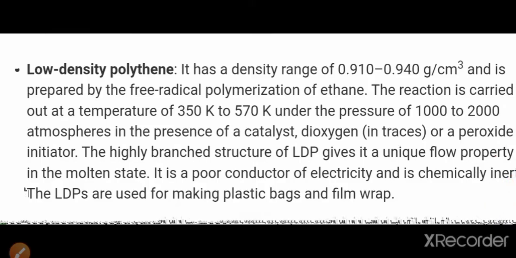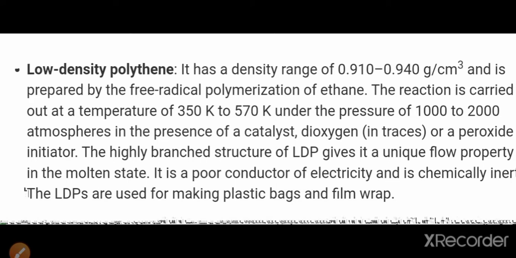Now let us see about low density polyethylene, because polyethylene has different types, of which one is low density polyethylene. This low density polyethylene has a density of 0.910 to 0.940 gram per cm cube, and it is formed by free radical polymerization of ethene or ethylene.